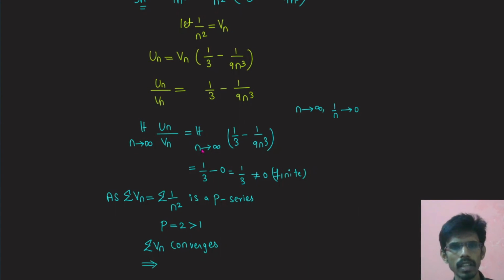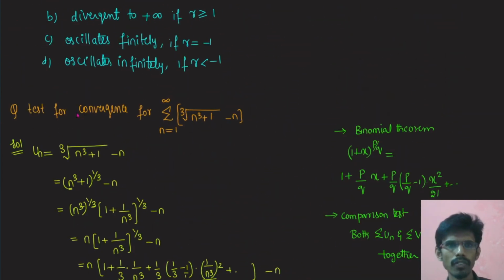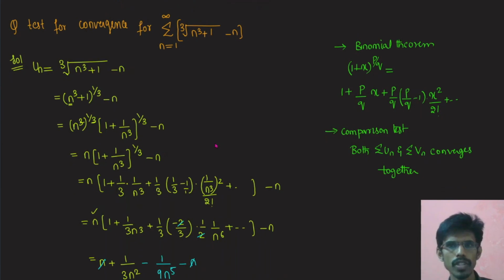It automatically says that if the ratio of Un by Vn is a finite value and this Vn converges, then automatically Un also converges by comparison test. So we got the answer: this series is convergent.